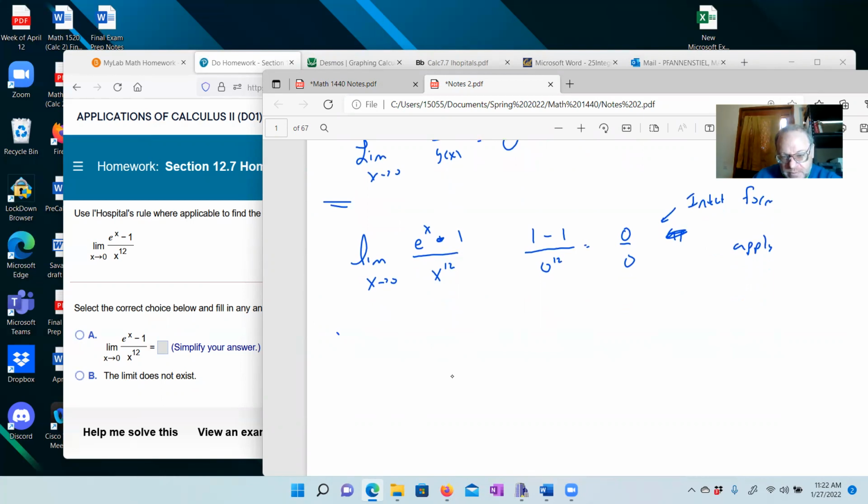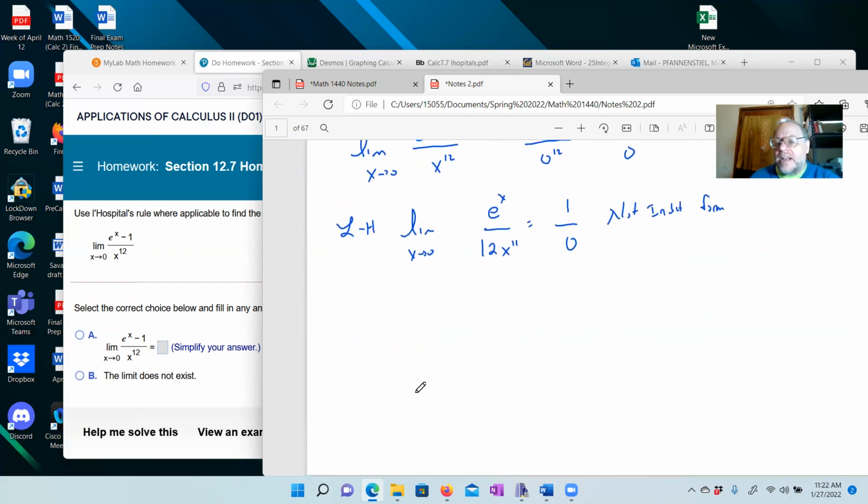So L'Hopital here. We have the limit as x approaches 0. The derivative of e to the x is e to the x. The derivative of x to the 12th is 12x to the 11. If I plug in my values here, we have 1, e to the 0 is 1, divided by 0. This is not an indeterminate form.